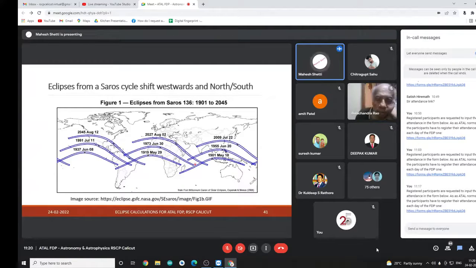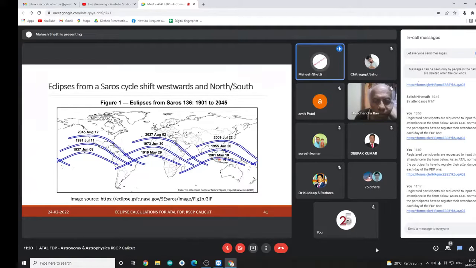This is a graph. These are the plots of all those different eclipses which belong to one particular Saros cycle. The Saros cycle is numbered as 136. I will mention what this 136 number is. So consider the eclipse which took place on 18th May 1901.